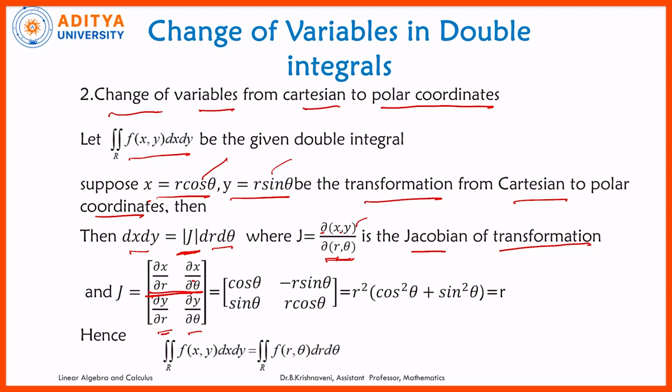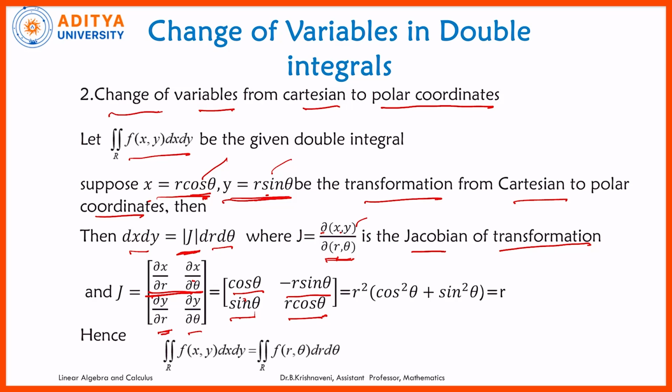So on the first row, dou x by dou r, with respect to r, means cos theta. Dou x by dou theta, with respect to theta, means r into the derivative of cos theta, minus sin theta. Second row, dou y by dou r, y is r sin theta, with respect to r is sin theta. Dou y by dou theta, that is r cos theta.